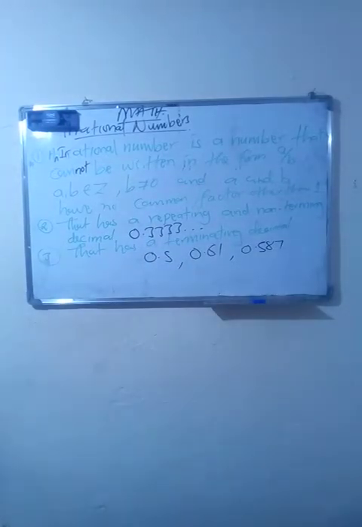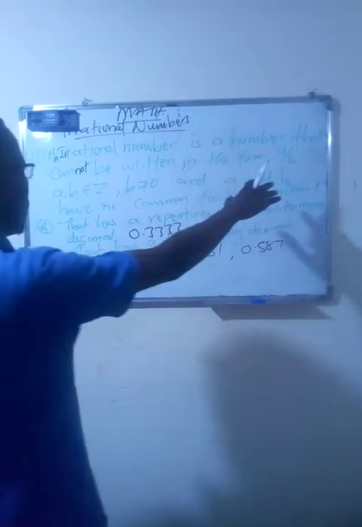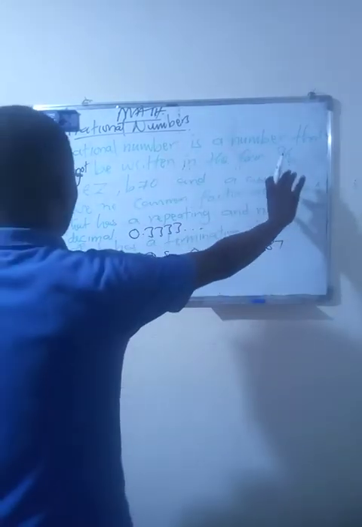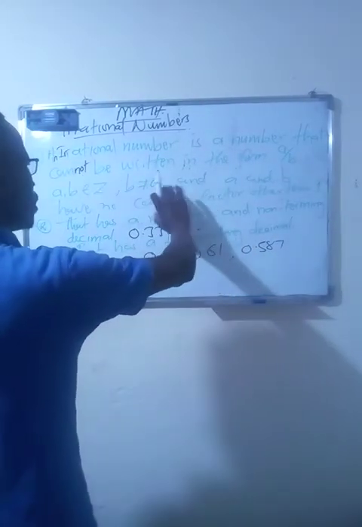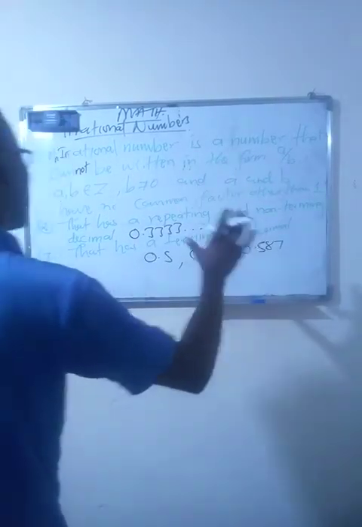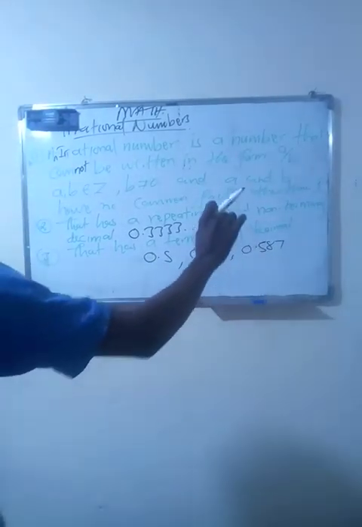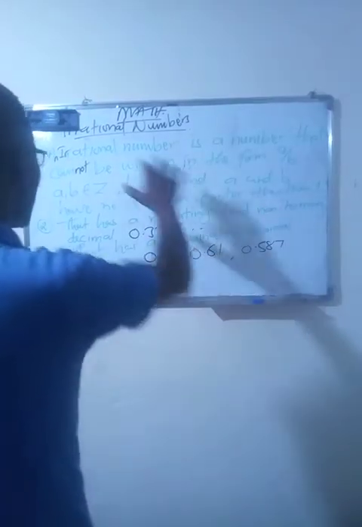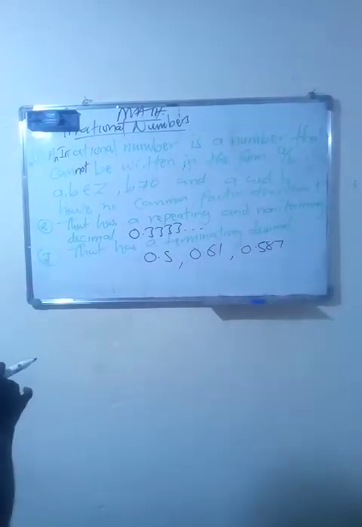You get the point? An irrational number is a number that cannot be written in the form a over b, where a and b are integers, b is not equal to 0, and a and b have no common factor other than 1. So we basically get the exact opposite, right?